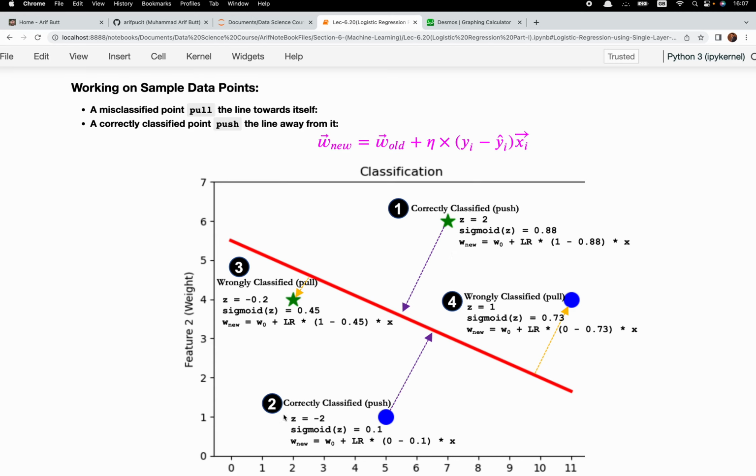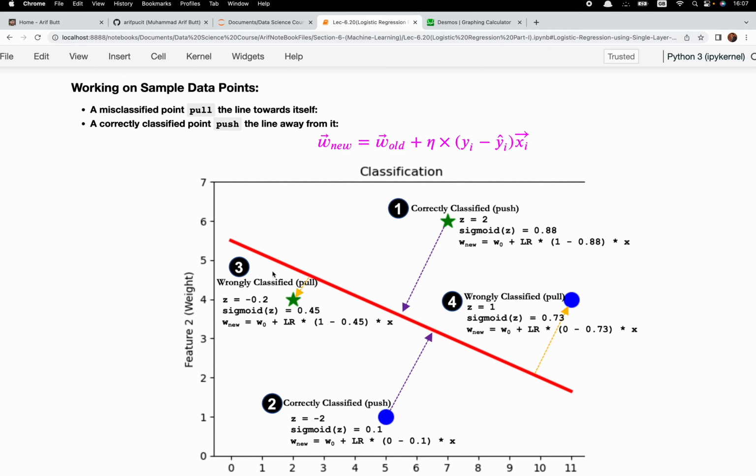Similarly, this second point, point 2, this blue circle, is also correctly classified, having say a z value of -2 and y hat of 0.1. So this y minus y hat becomes negative 0.1. So this point 2 will also push the line away, that is upwards.